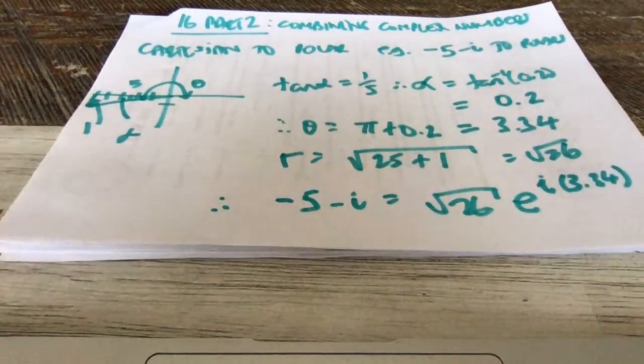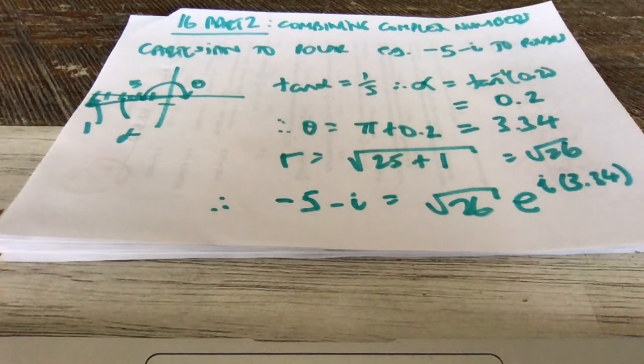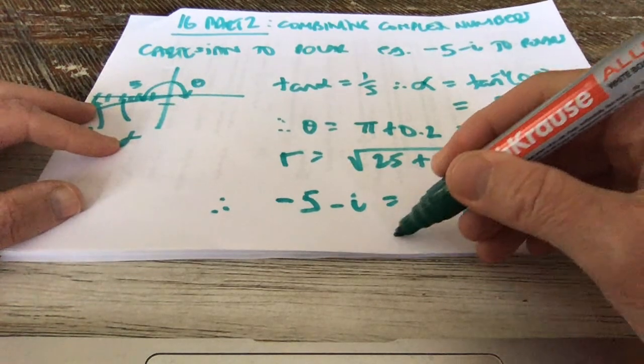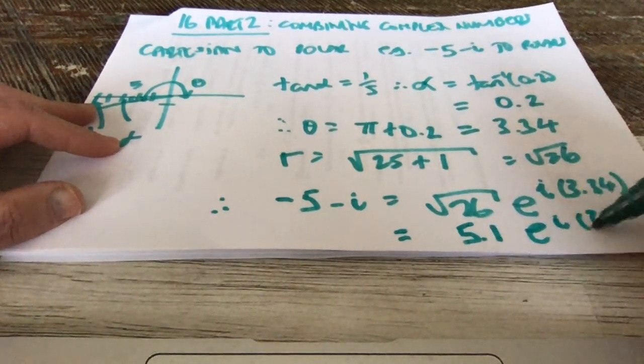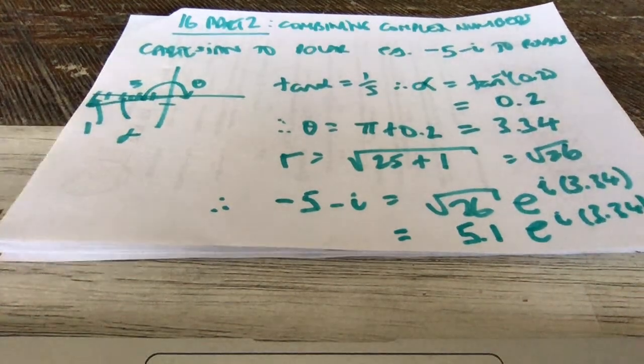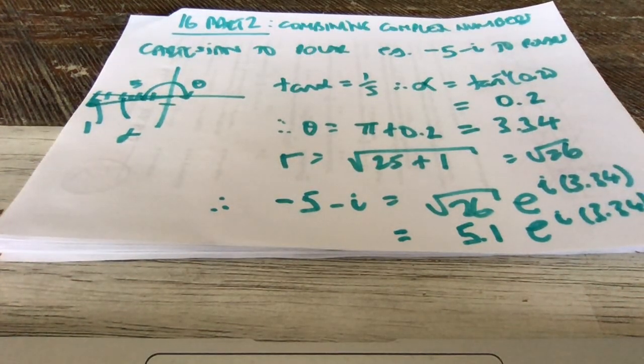If you want to evaluate the square root of 26, which is about 5.1 something, you can do that as well. So let's just take it as 5.1, exponential i 3.34. Okay, so there you go.